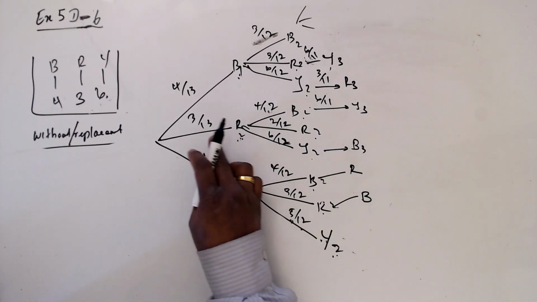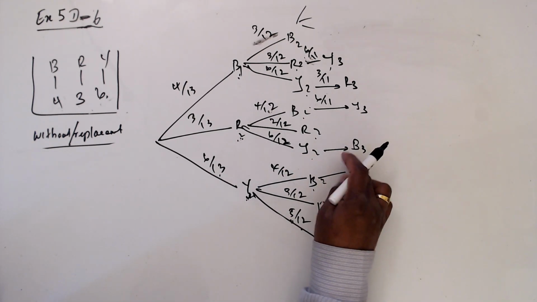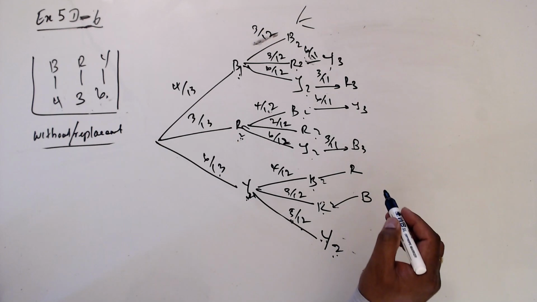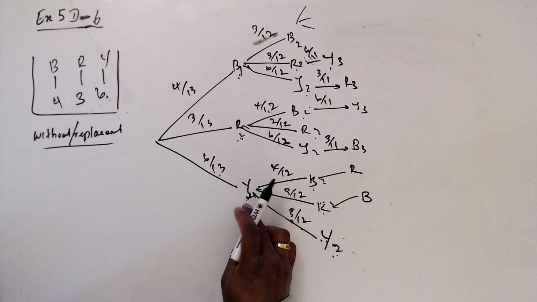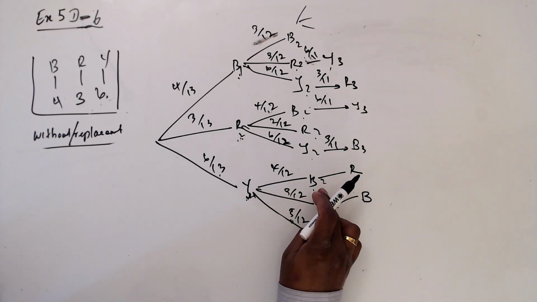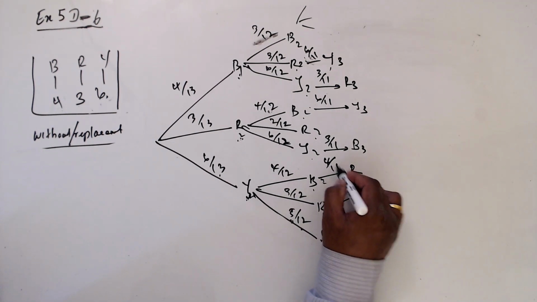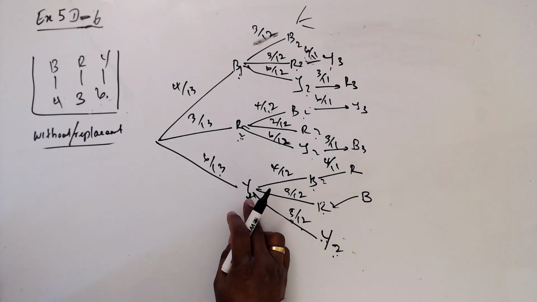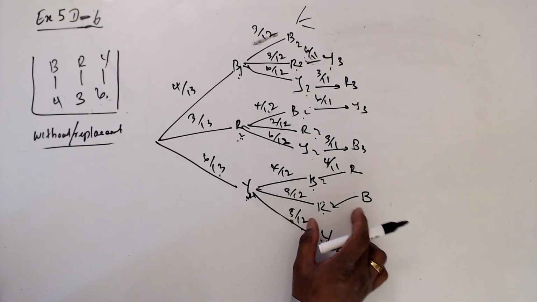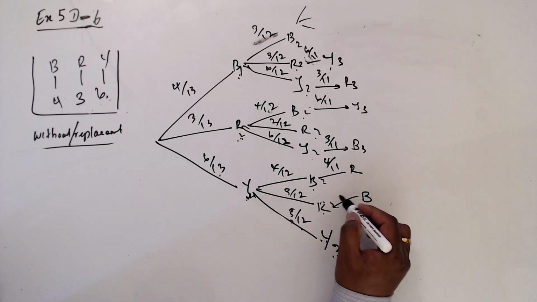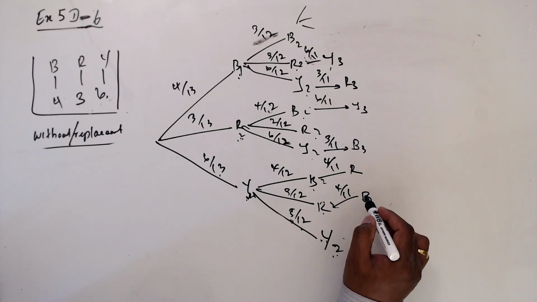And when it comes to here, red one is missing, yellow is missing, but blue is still there, so 4 out of 11.